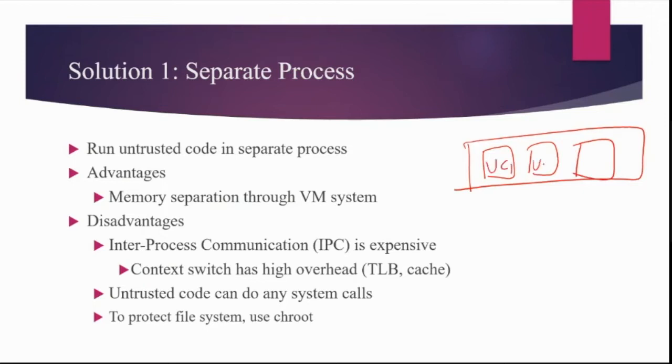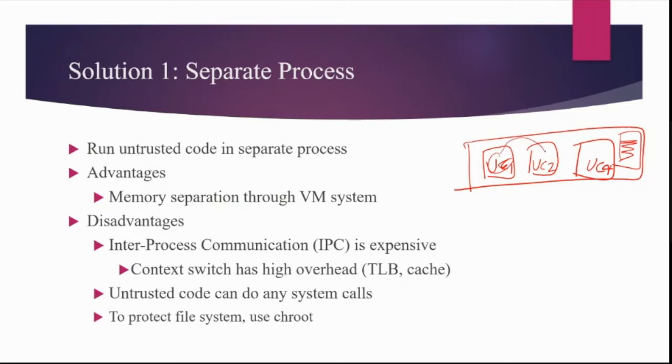Then you have to create four virtual machines to execute the same application: one where you execute the trusted code, and three more for all the untrusted codes. The advantage is simple: you have proper memory separation, and if something malicious happens, it is only within that particular virtual system, right?